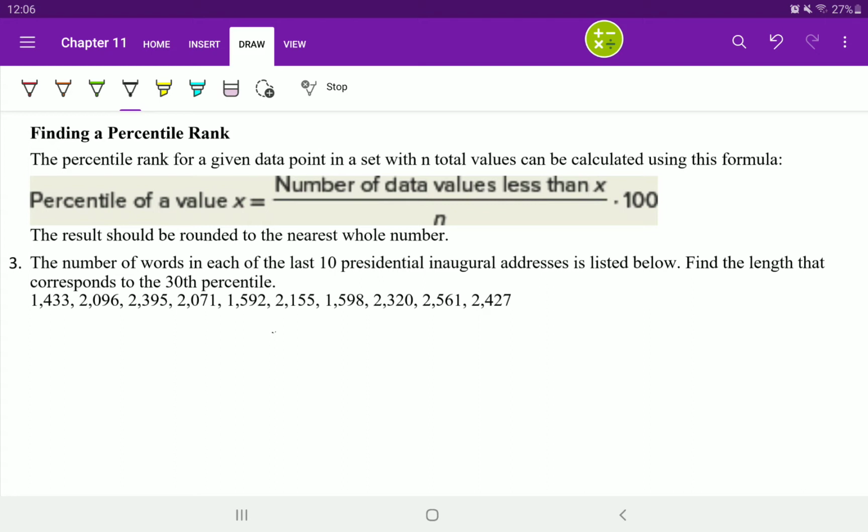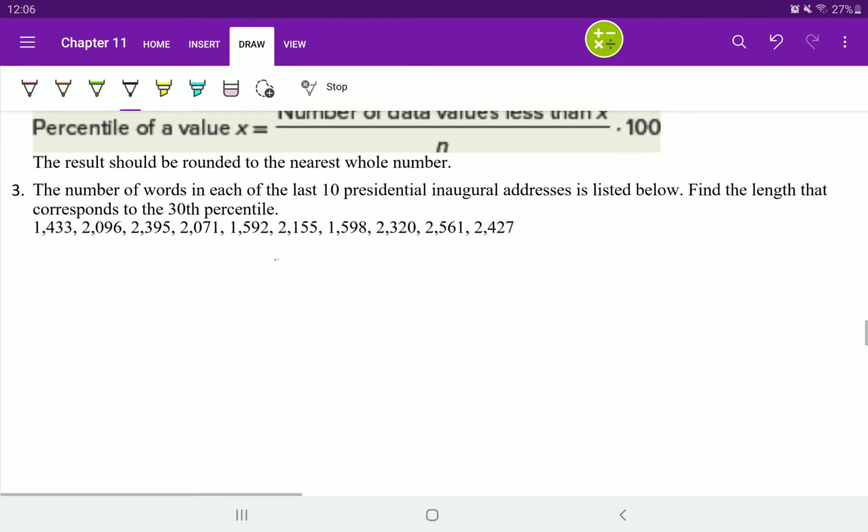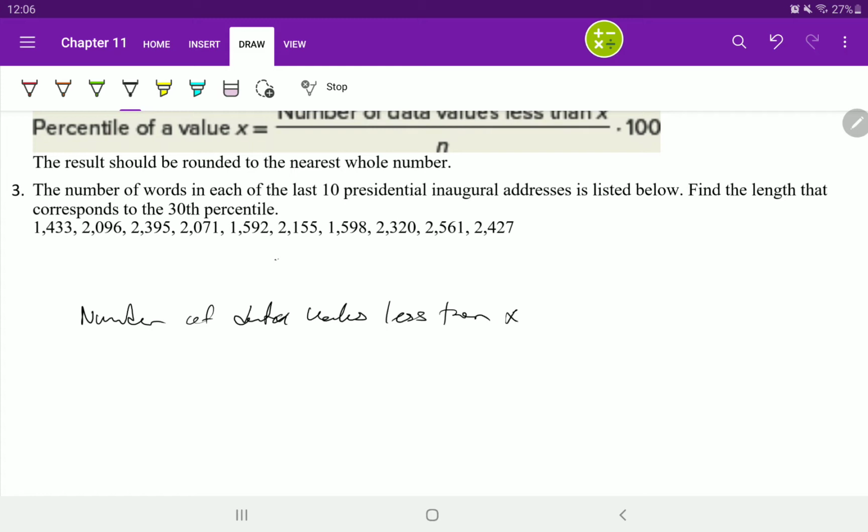Now, in some textbooks, they use this formula, as we are going to be using in Stats 250. It will be the number of data values less than x, plus 0.5, divided by n, which is the sample size, times 100.